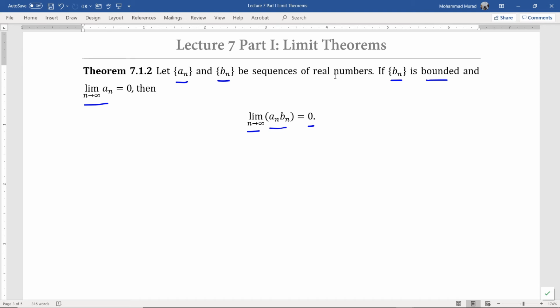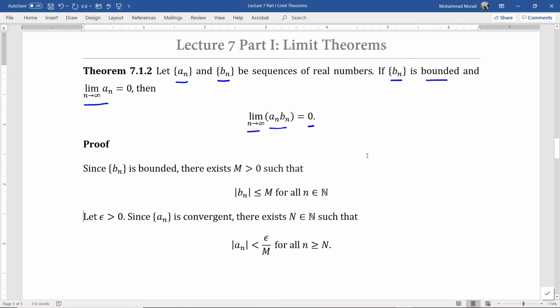Let's have a look at the proof of this theorem. Since the sequence b sub n is bounded, there exists a positive real number m such that the absolute value of b sub n is smaller than or equal to m for all indices n. Now let epsilon be given.